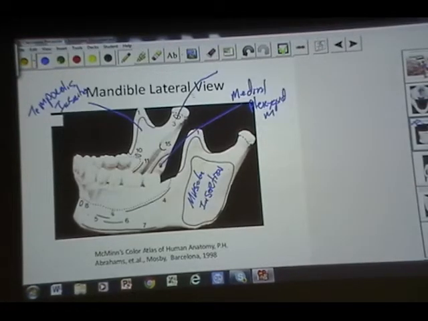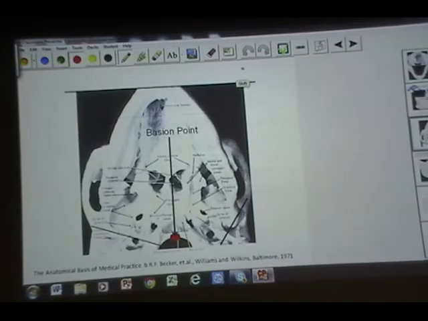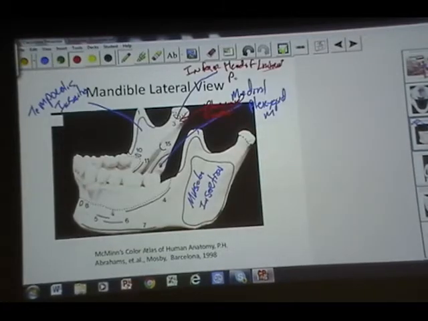This depression on the medial side of the condylar neck is the pterygoid fovea, and attaching there is the inferior head of the lateral pterygoid muscle. Okay, so these are the four muscles of mastication as they attach to the mandible.